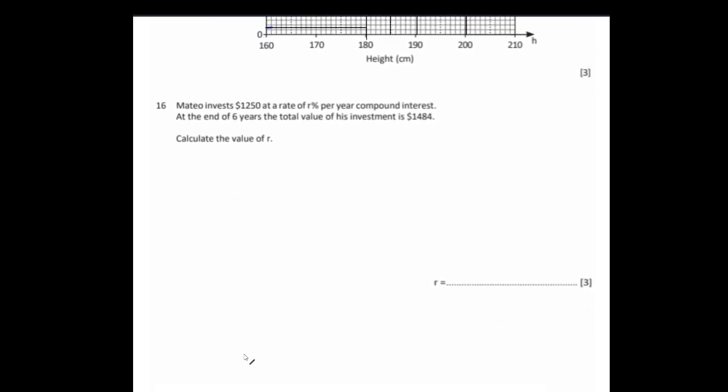Question number 16. Matteo invests $1,250 at a rate of R% per year, compound interest. At the end of 6 years, the total value of his investment is $1,484. Calculate the value of R. So we have been given that it is invested for 6 years where it is compounded, and we have also been given the total amount.